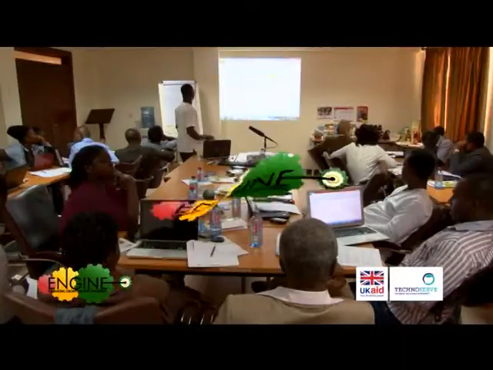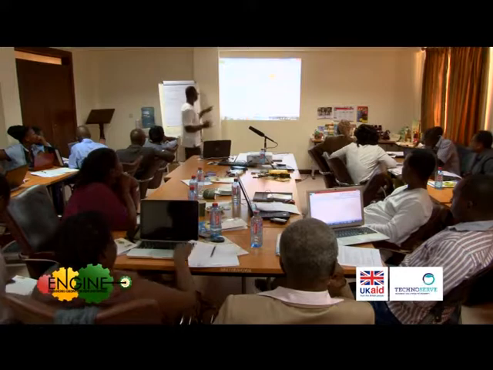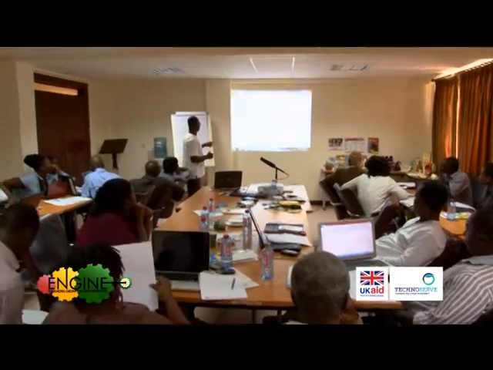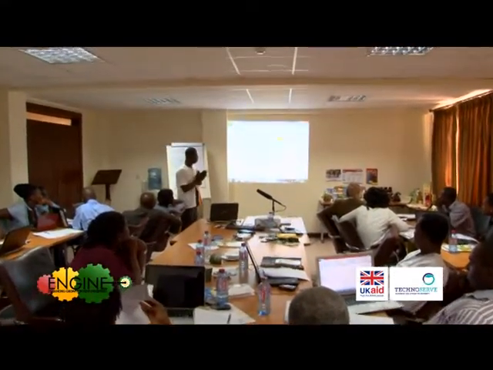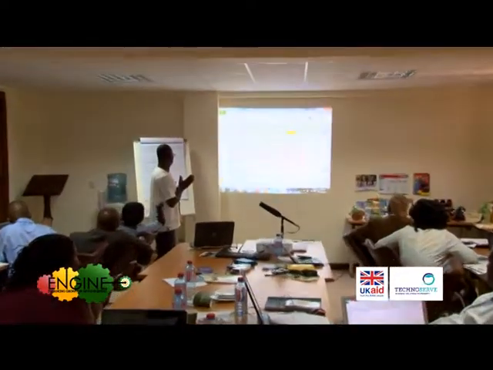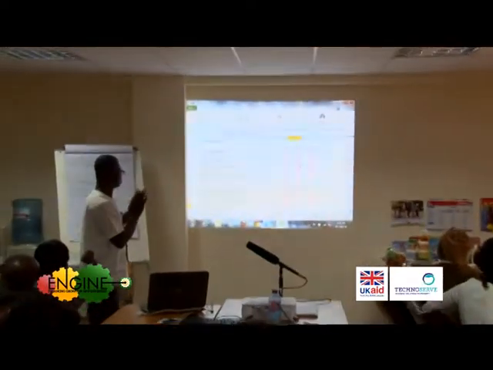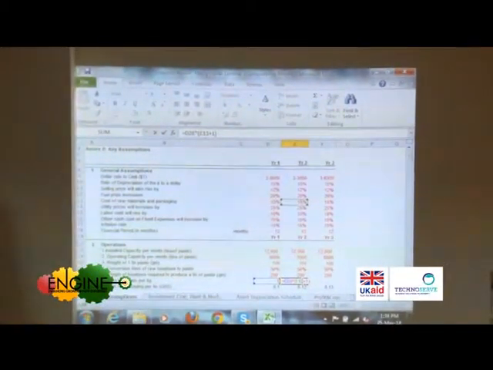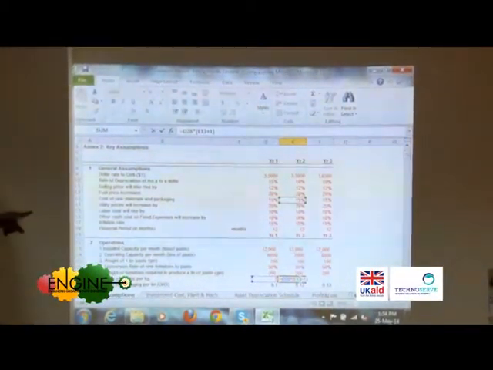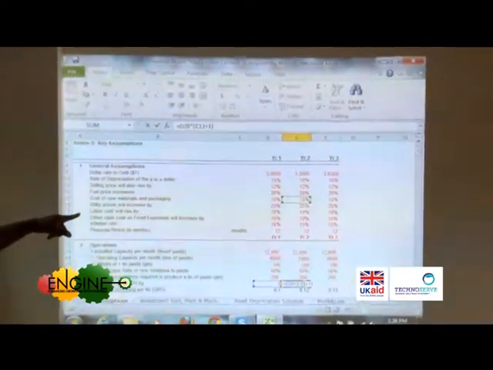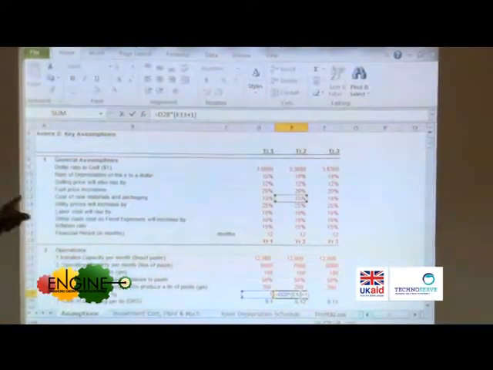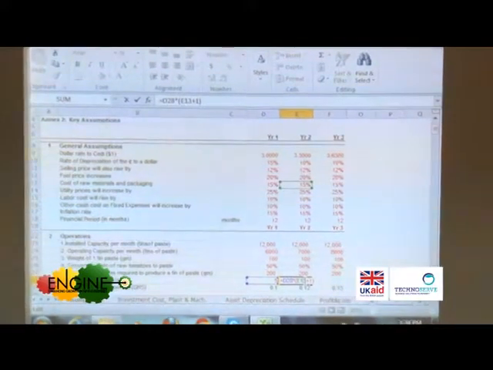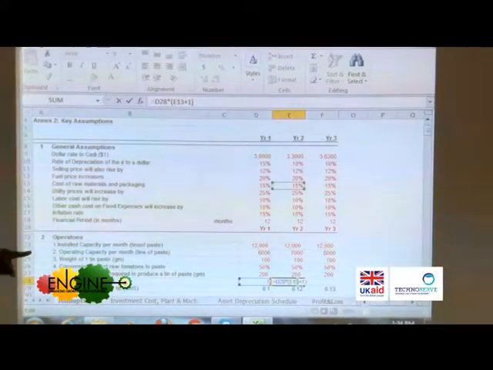Okay. Look at the relationship. The price of tomato per kilogram was 5 cedis during the first year. What about the second year? The cost of raw materials and packaging is going to increase by 15%. So I have to use that assumption to calculate the next price of tomato.